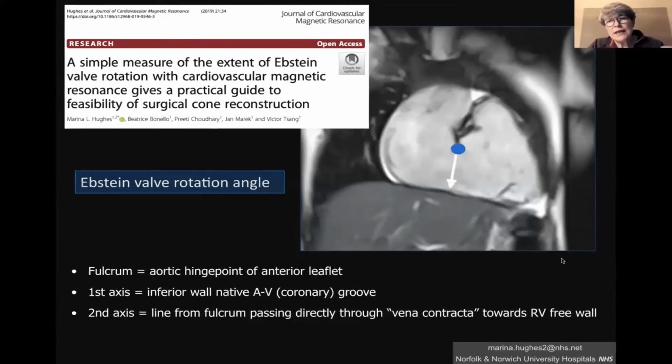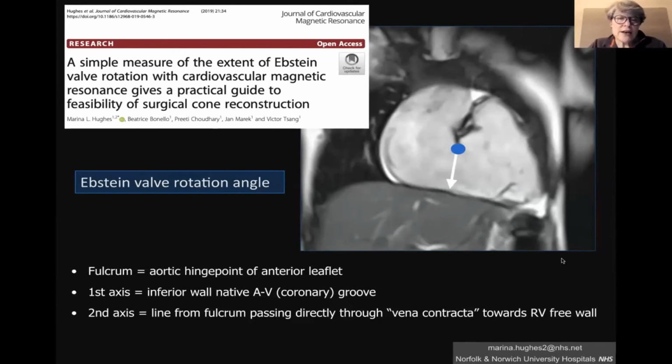The reason for MRI being very reliable is the ability to standardize a vertical long axis view through the ventricle, which is a much more complex and difficult view to acquire with echocardiography.